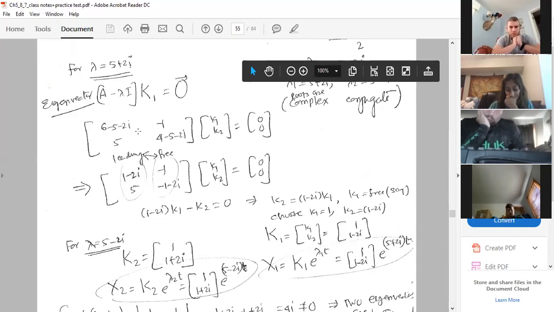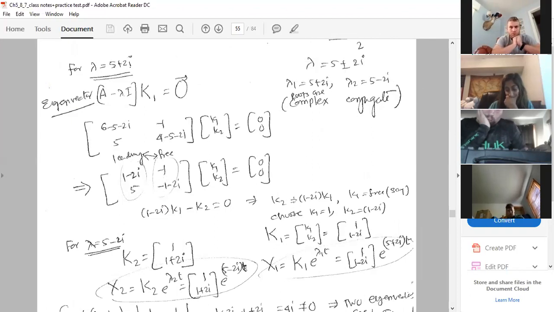K2 is my leading one because negative 1 is there. So K2 equals 1 minus 2i times K1. If I choose K1 equal to 1, my K2 equals 1 minus 2i. So K equals K1, K2, which is 1 and 1 minus 2i.